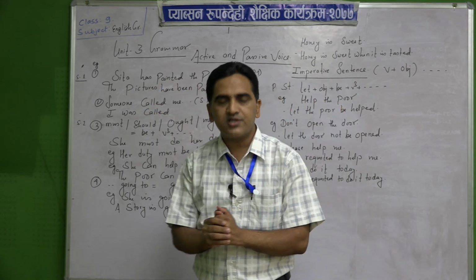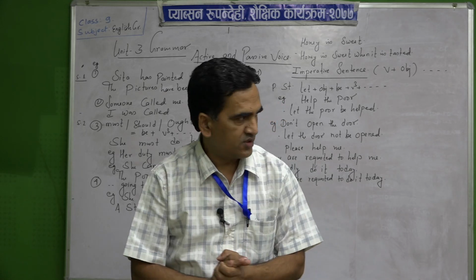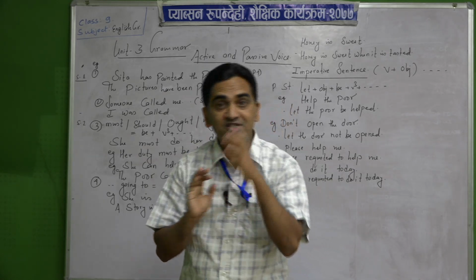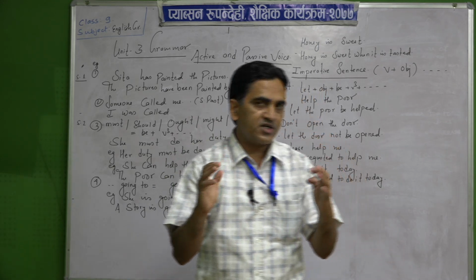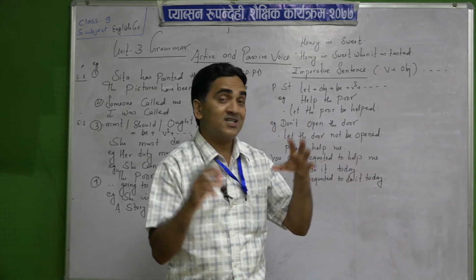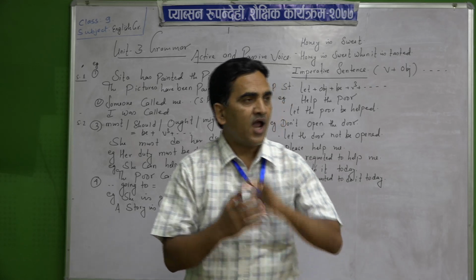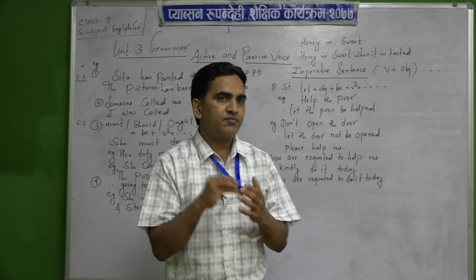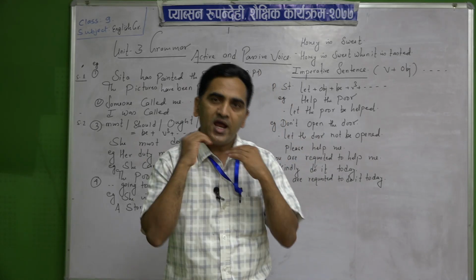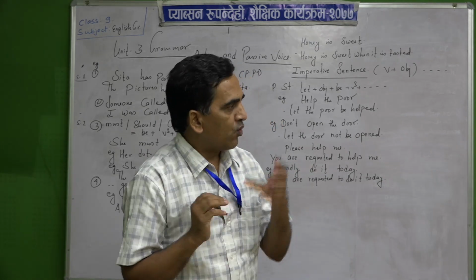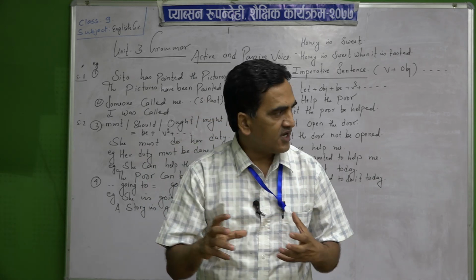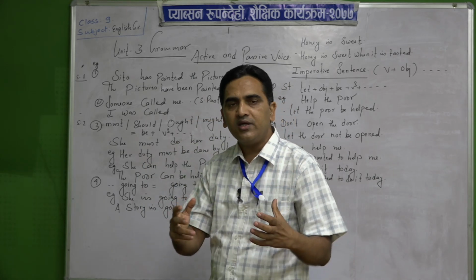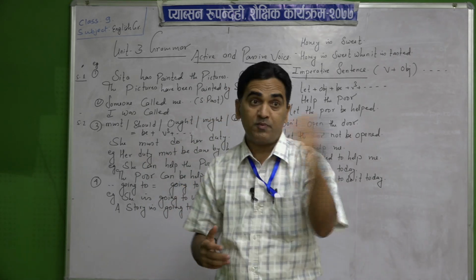Yesterday we discussed some of the important rules and some assertive structures, sentences having the SVO pattern: subject, verb, object. You learned an important point: only when there is a subject, verb and object in the sentence can we change it into passive.